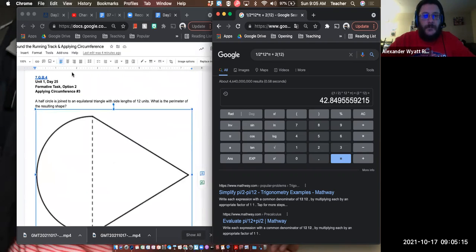If you use 3.14, if you use 22/7, if you use 3, you're going to get numbers that are similar.